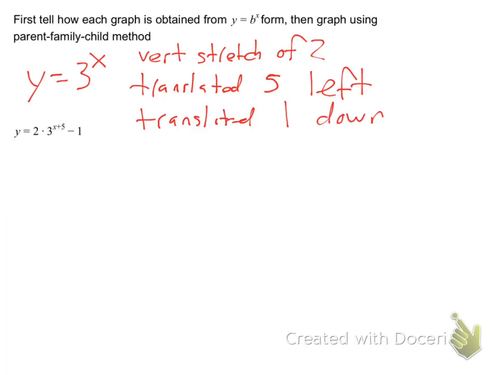Do the same thing here. Oh, wait, let's back up. Is this a growth or decay graph? Growth, because the base of 3 is bigger than 1, so therefore this is growth. Okay? When I get to this one, what's the base? It's 1/3.